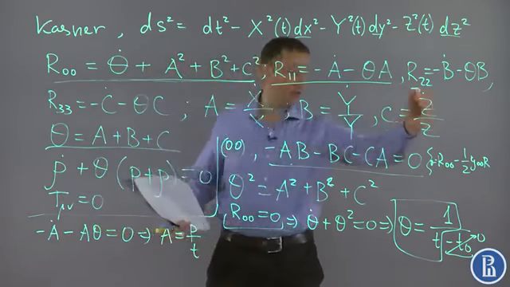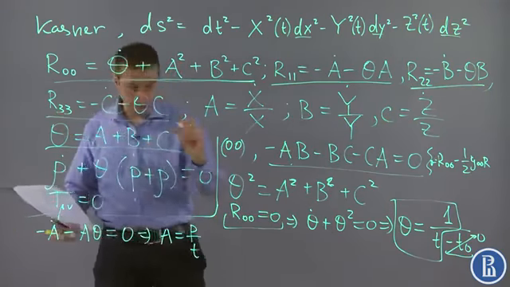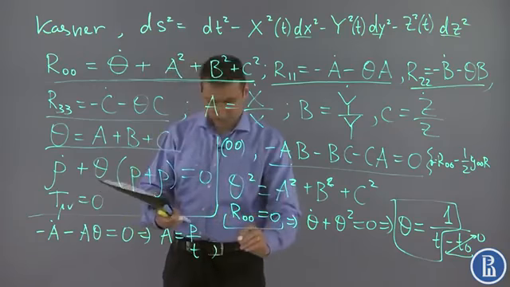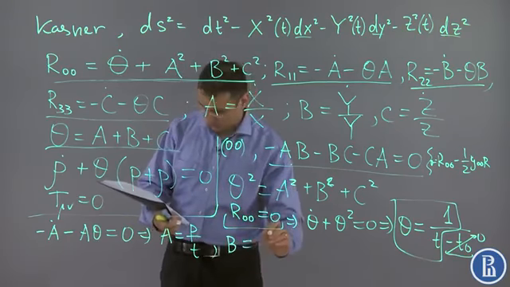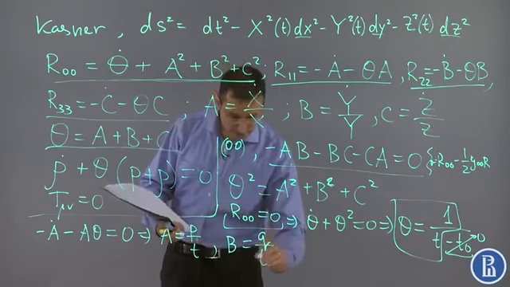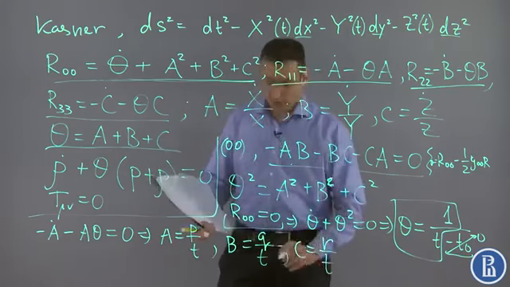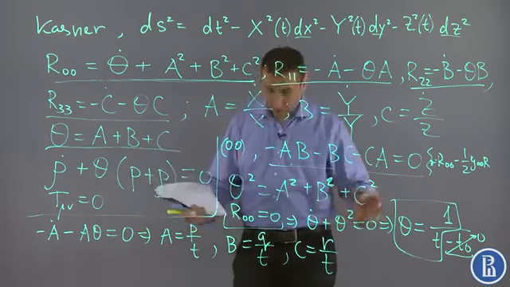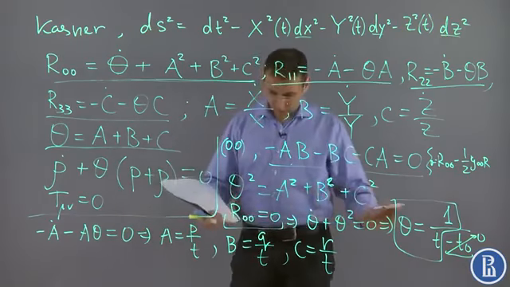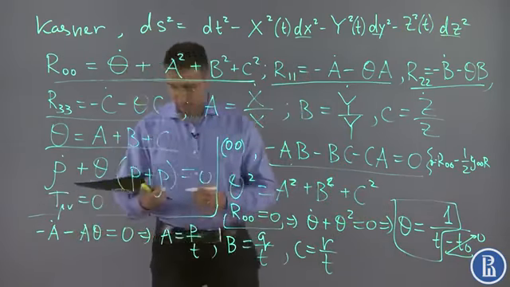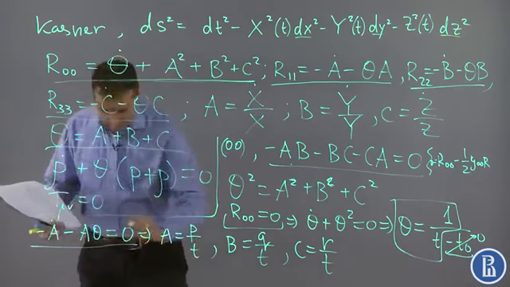Similarly, from the other equations, we obtain that b is equal to q over t and c is equal to r over t, where p, q, and r are so far arbitrary constants of integration following from the similar equations.